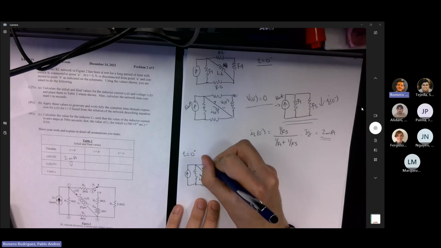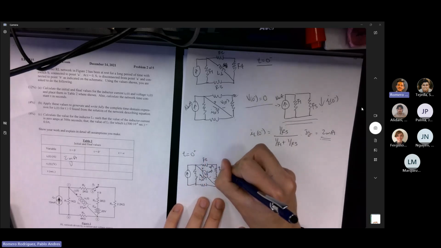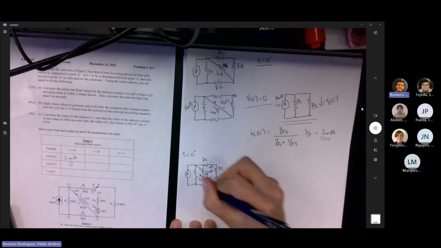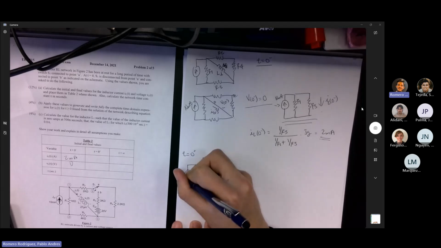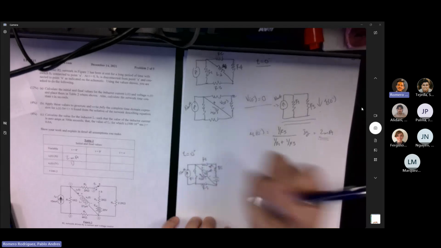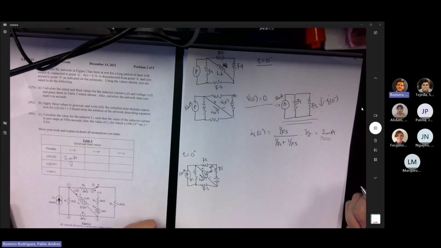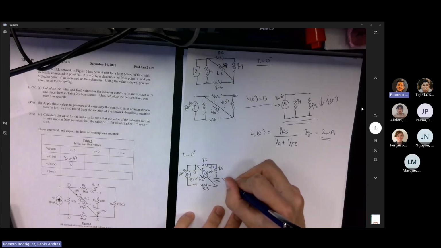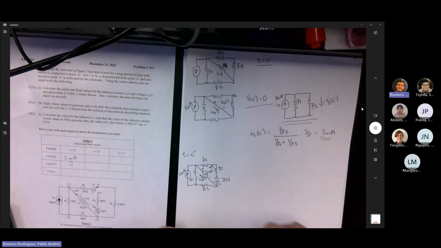So this is our 2, this is our 5, this is our 3, this is our 1. And this is still 10 milliamps. And this is 20 volts plus.